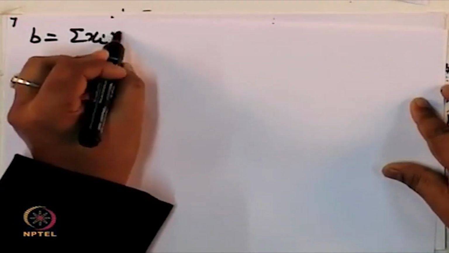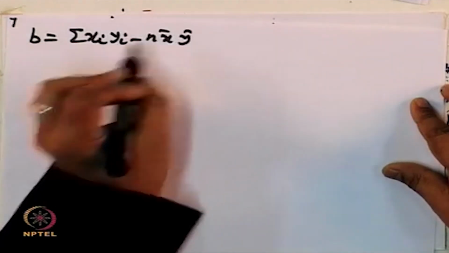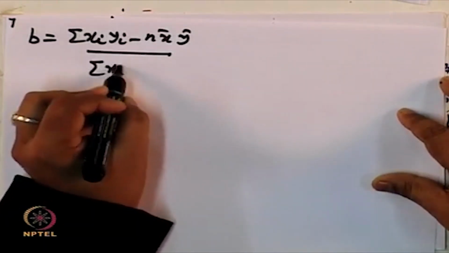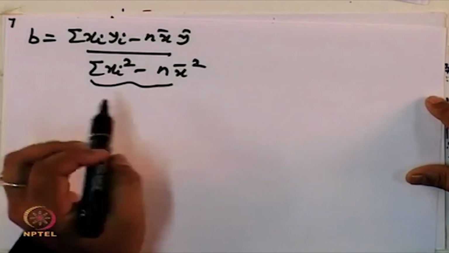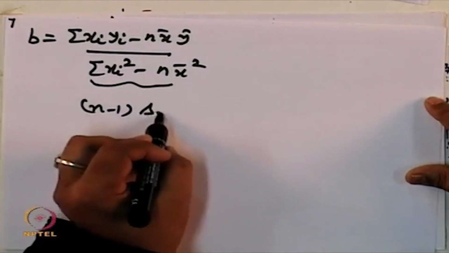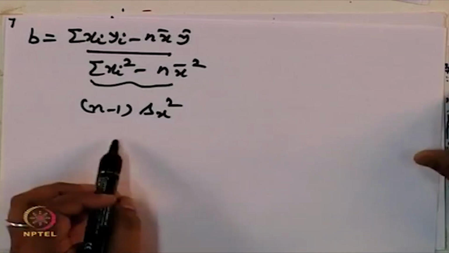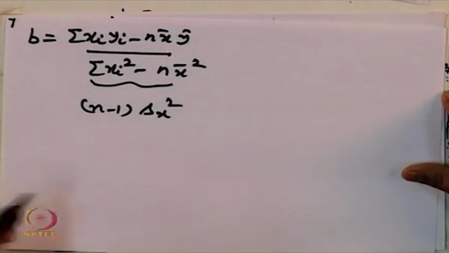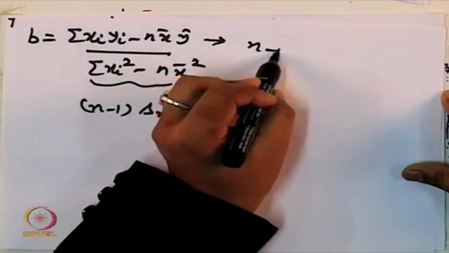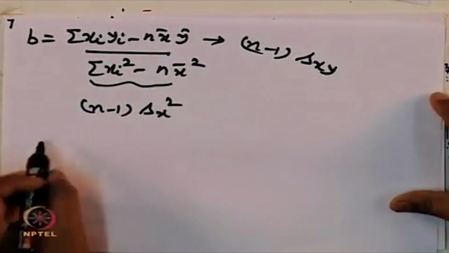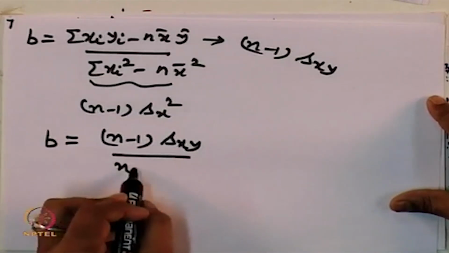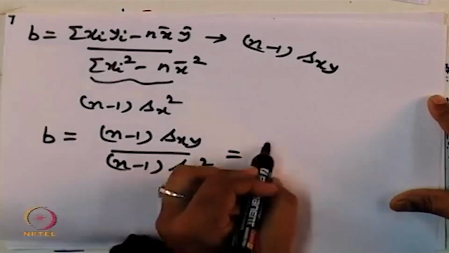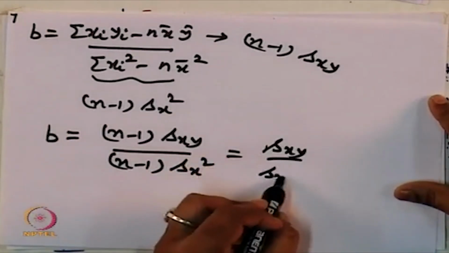Again I will write down the expression for b: summation xi yi minus n x bar y bar by summation xi square minus n x bar square. This denominator is nothing but n minus 1 into s x square, and the numerator we found was n minus 1 into s x y. So, my b is n minus 1 into s x y by n minus 1 into s x square, which is equal to s x y by s x square.